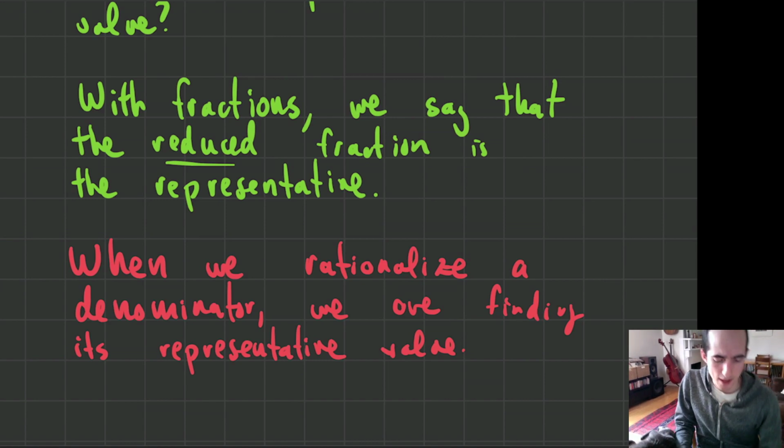The reason we don't want an irrational in the denominator is that when we're doing calculations, it's much easier to have an irrational number in the numerator than in the denominator. So for calculation purposes, it's much better.